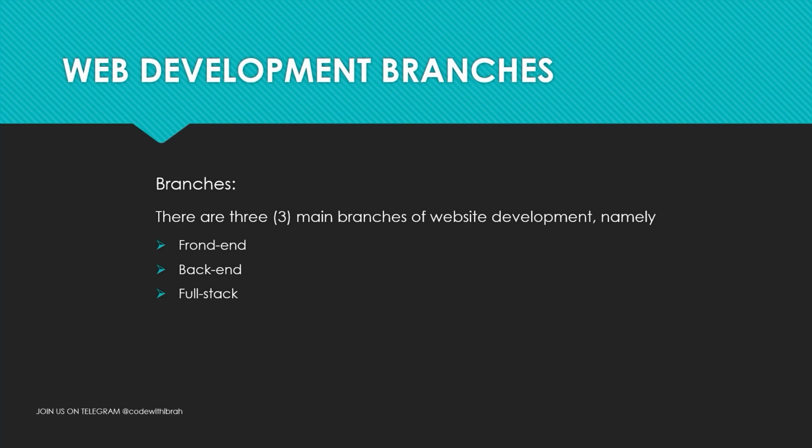Front end deals basically with what you can see if you visit any website. Anything you can see on the website is what we call the front end branch of web development. Front end is what we see: the text, the nav bar, the colors, everything.